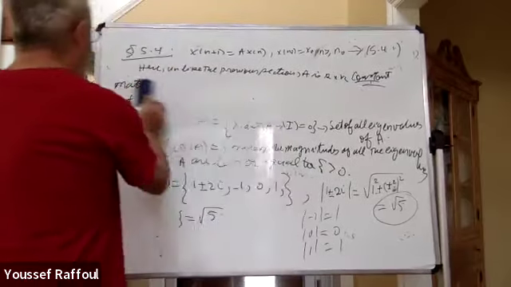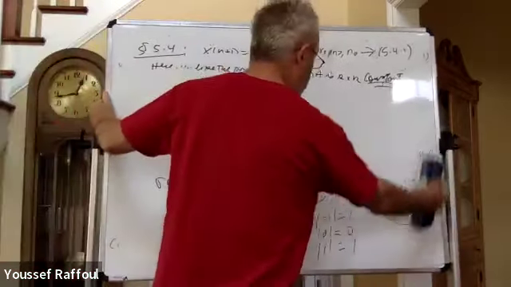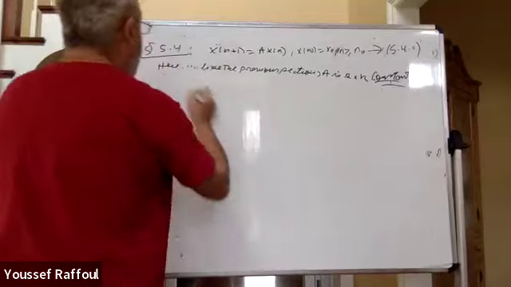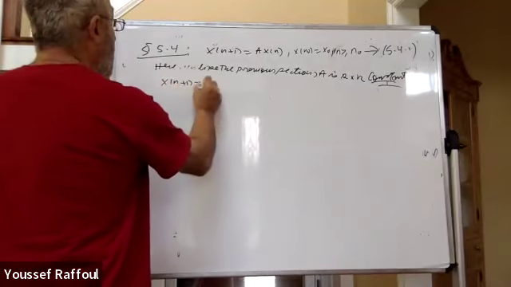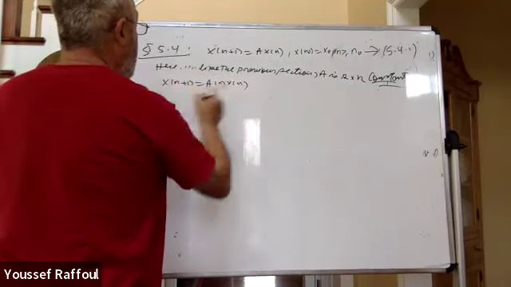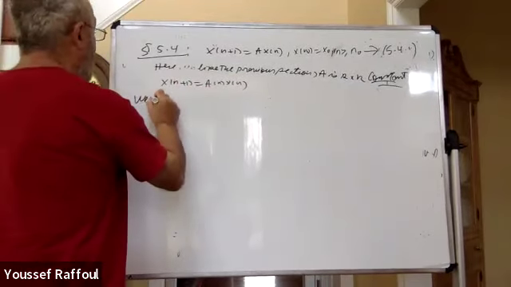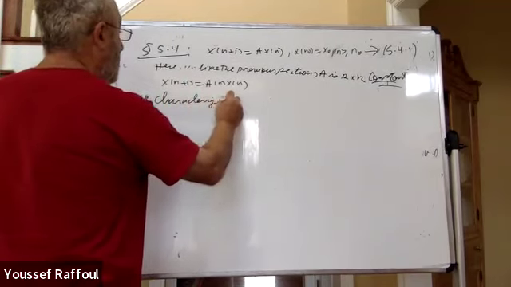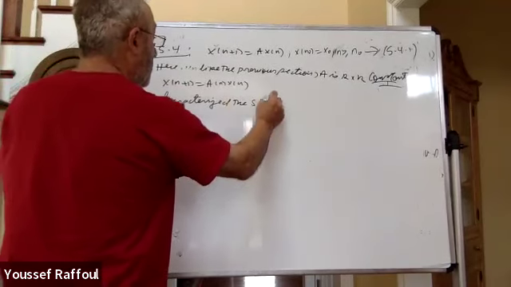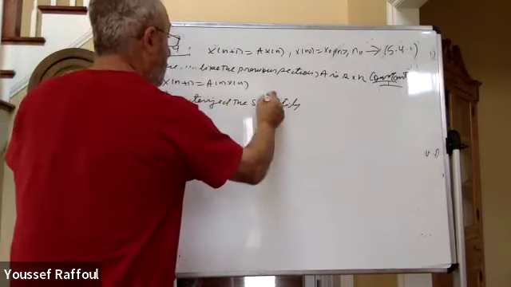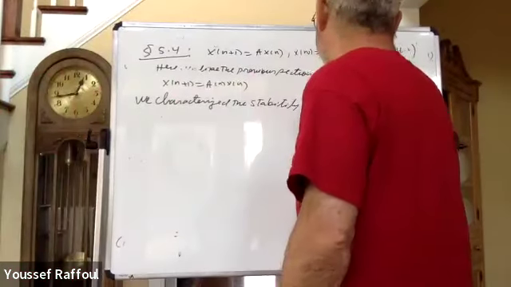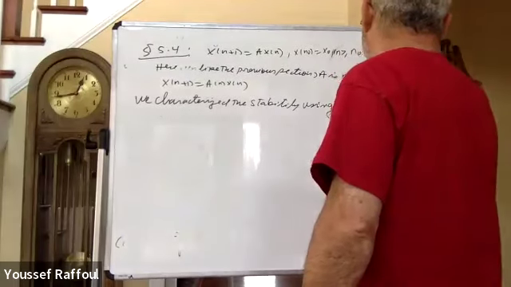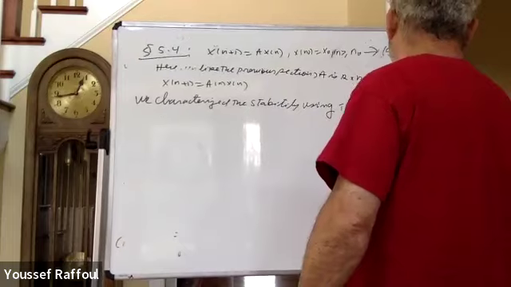So remember the spectrum of A. For x_{n+1} = A_n x_n, we characterized the stability using the fundamental matrix solution phi_n.